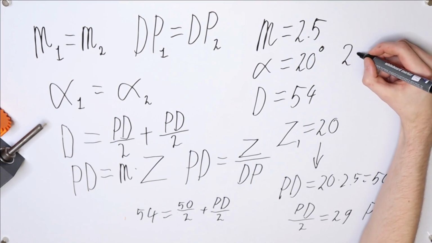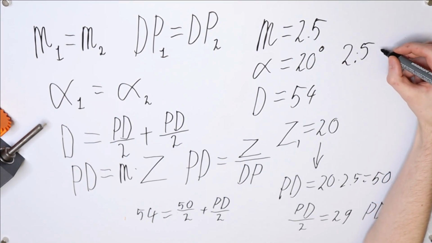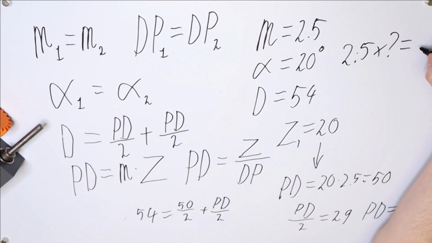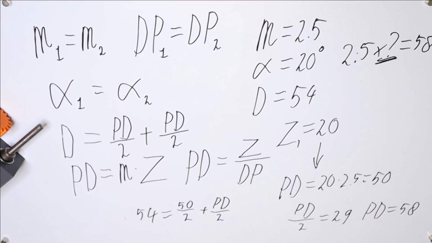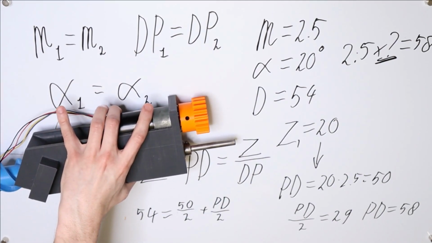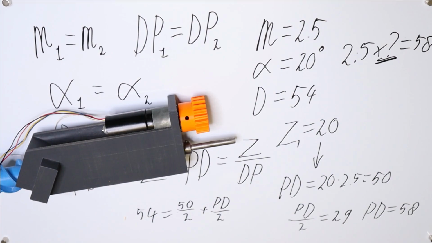So 2.5 times something is 58. But there is no integer number that we can put here that will allow us to do this. So this gear set cannot actually work as long as the module is 2.5.